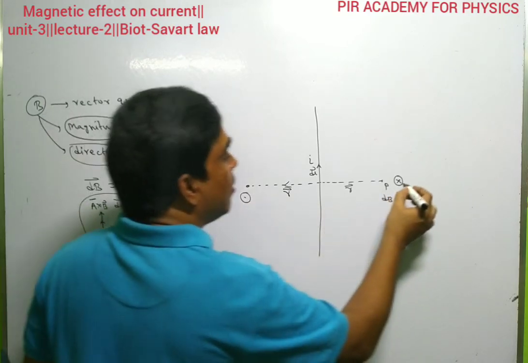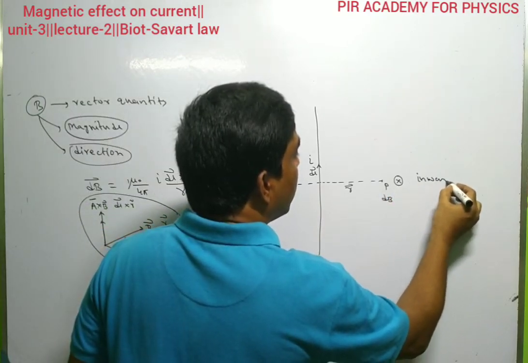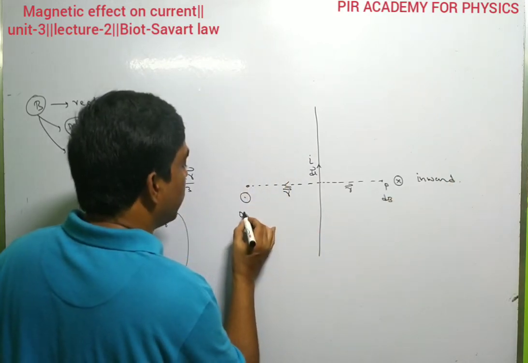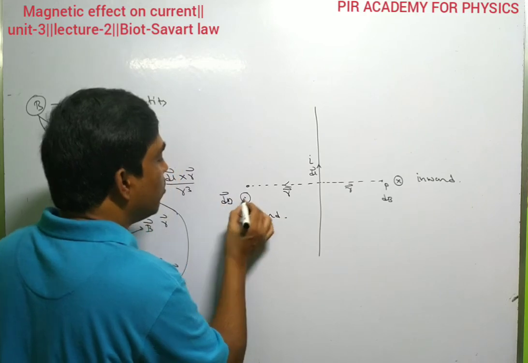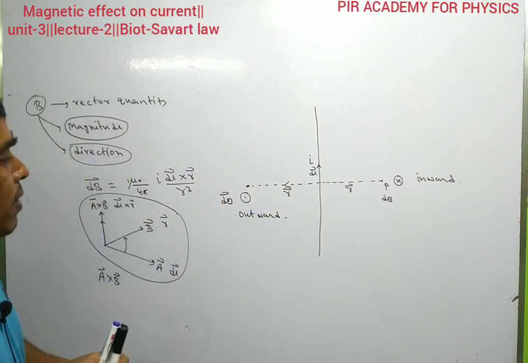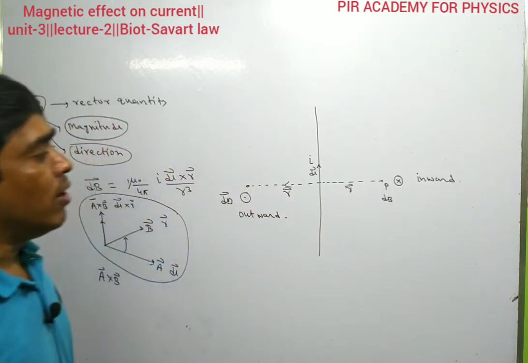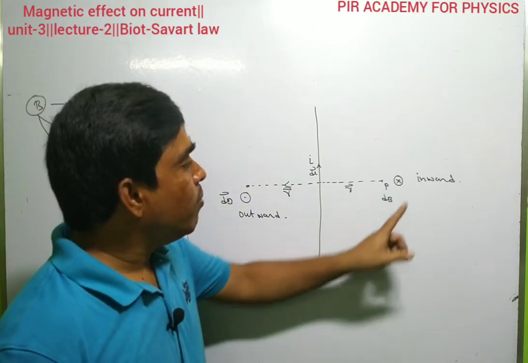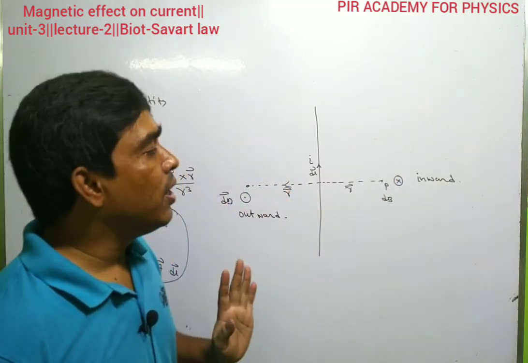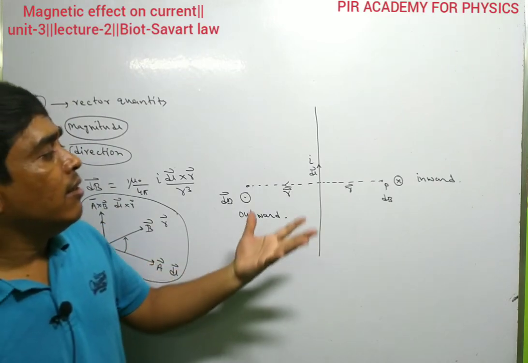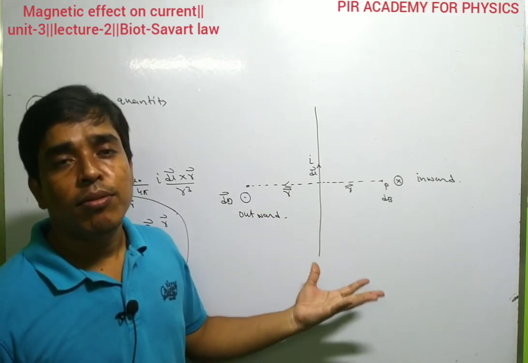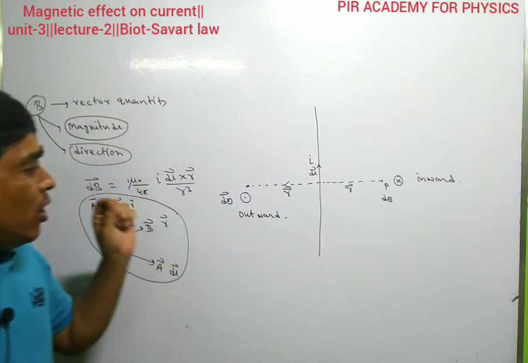This one is inward and this one is outward. Outward can be represented by a circle and a dot, and inward is represented by a circle and cross. Okay, this is how to determine the direction of a magnetic field.